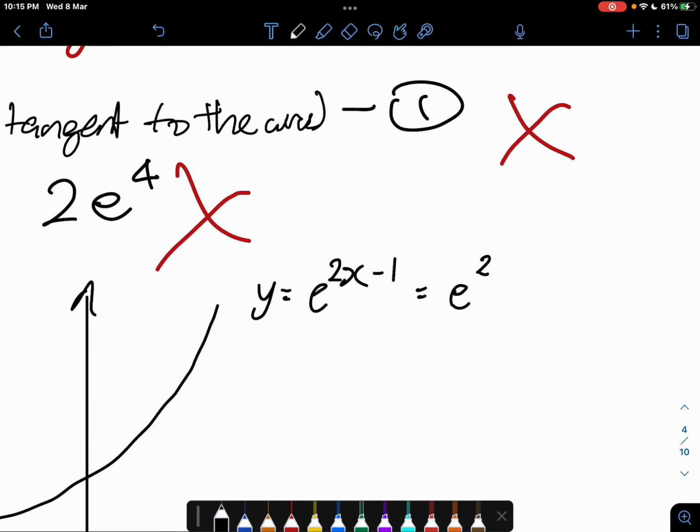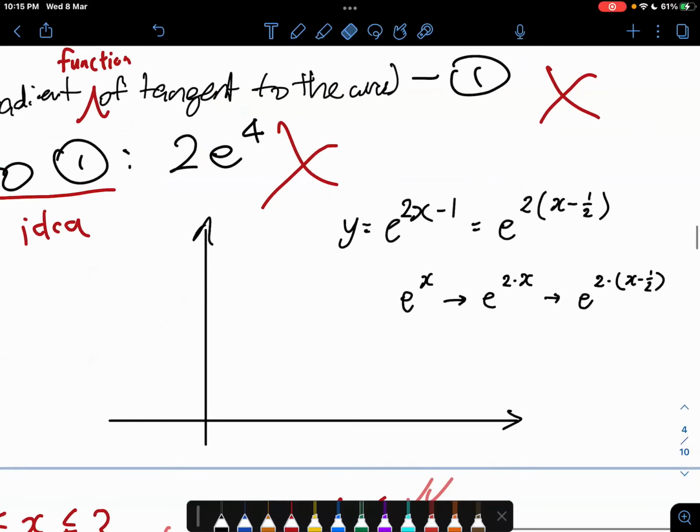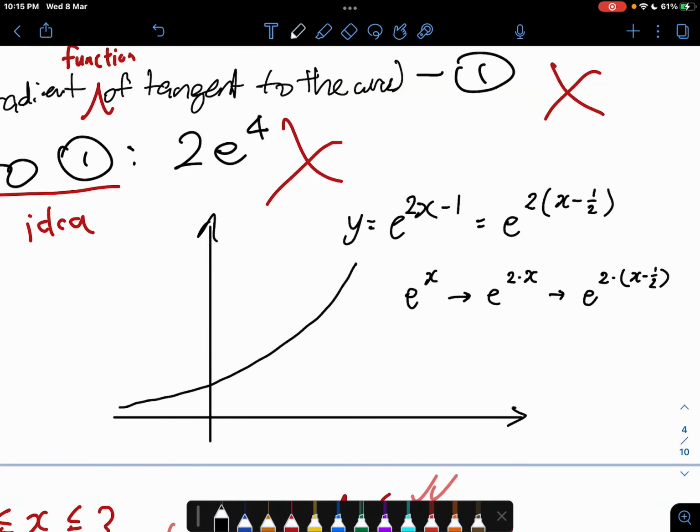What you're doing here is actually 2 bracket x minus half. So you can think of it like this. You start with e power x. You transform into e power 2 times x. Then you substitute the x with x minus half. Maybe if I make it a bit more dramatic, this is e power x.